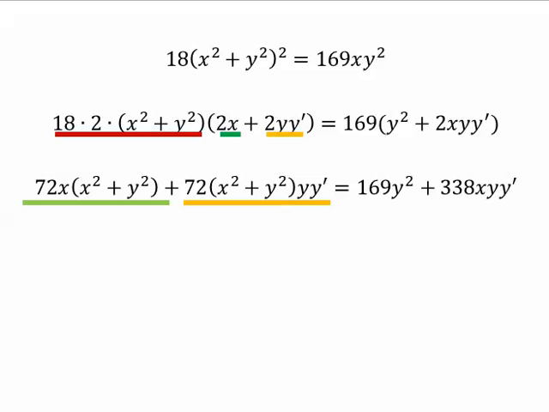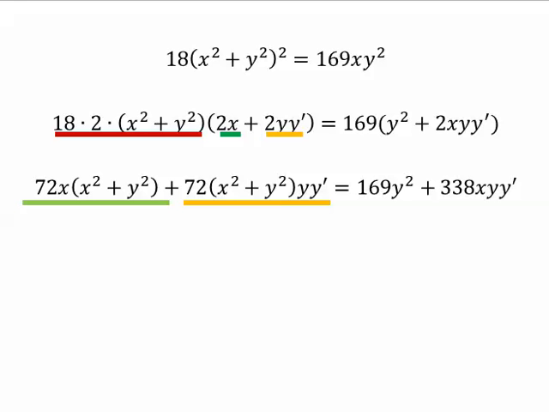We now have a lot of algebra to do. Let's see, I took 18 times 2 times x squared plus y squared, and I clumped it all together. I'm calling that one thing, and I underlined it in red. I'm going to take that one thing and distribute it into the parentheses.